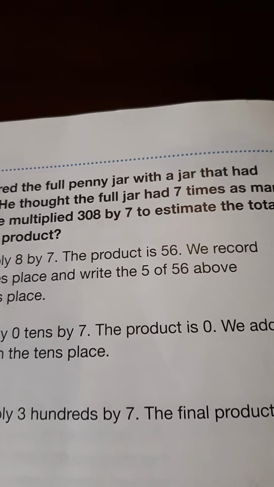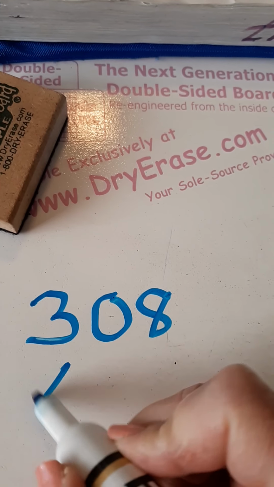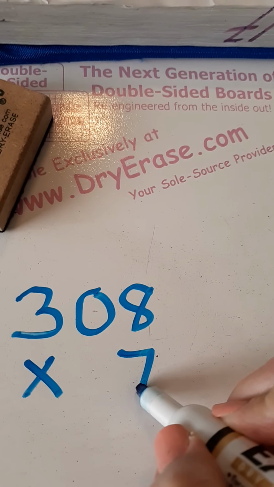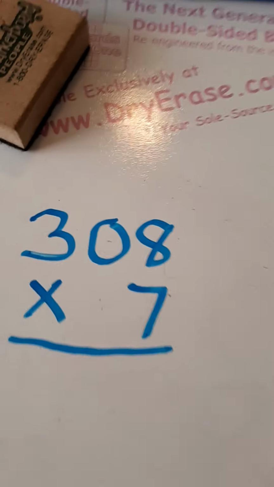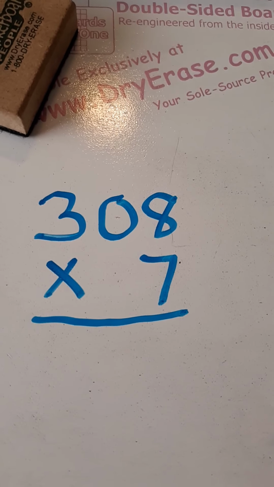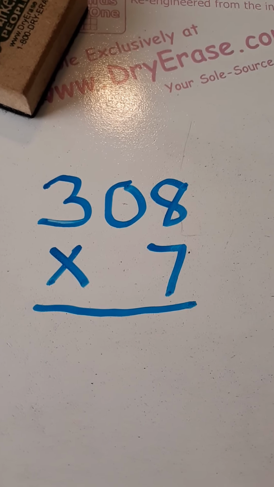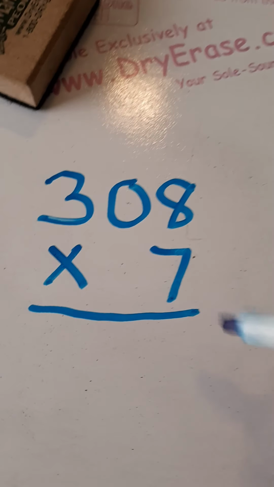Okay, so 308 times 7. Okay, let's see. We can do that here. 308 times 7. So now we're going to need to know our 7's times tables, right? It's okay to have your times tables there with you. It's in your planner if you need to look, and it's on several pages in your textbook too, or in the back of your planner if you've got that.